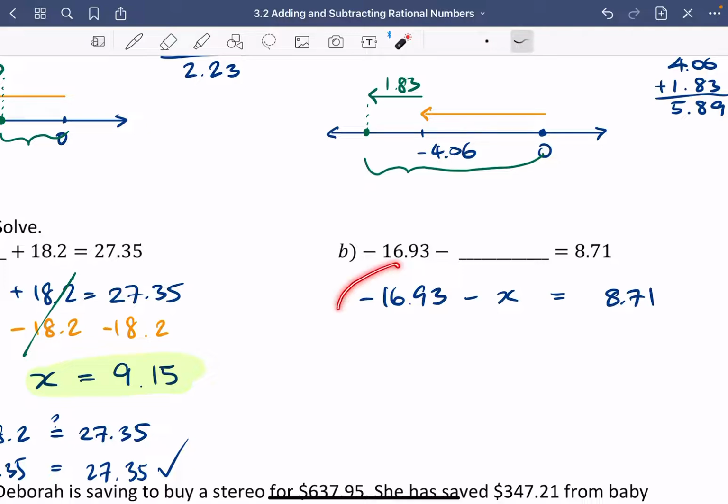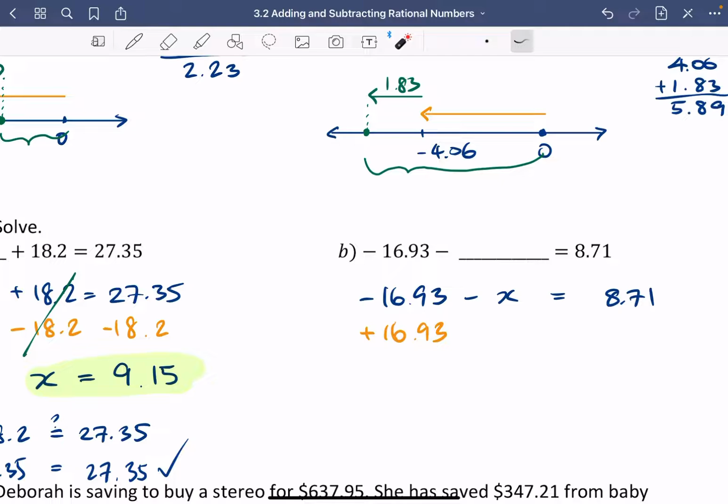So what we need to do is I need to remove this part. Once I've removed this, I'll have just negative x left, right? So how do I make this become a 0? Well, I'll need to add the same number. They are called 0 pairs. A negative and a positive are called 0 pairs.